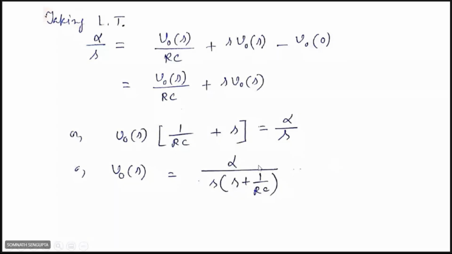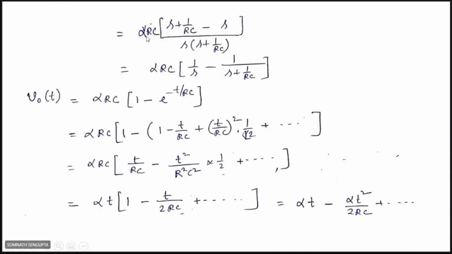Now slightly arranging these terms, like we do in partial fractions, we divide into two terms: alpha rc into 1 by s minus 1 by s plus 1 by rc. Then we apply inverse Laplace transform, so it becomes alpha rc into 1 minus e to the power minus t by rc.